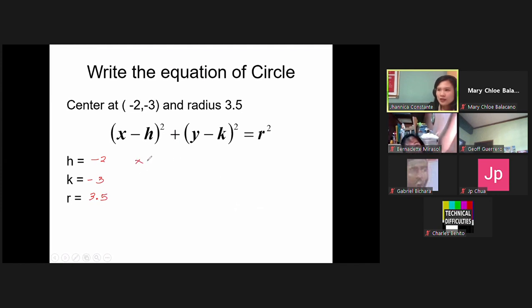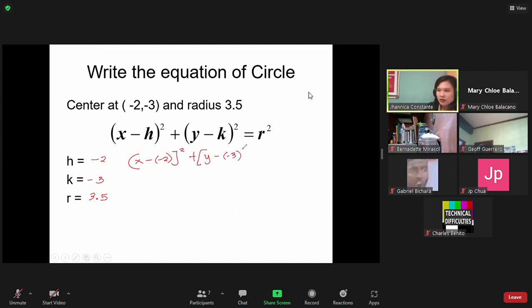So x minus the h, which is negative 2, squared, plus y minus negative 3 squared equals our radius, which is 3.5 squared.